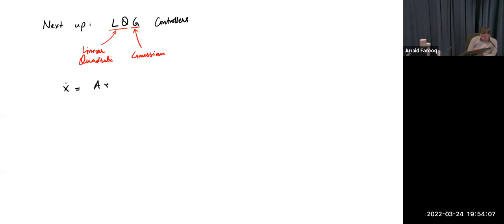So if x dot equals Ax plus Bu plus some v, and v is some Gaussian noise, then the optimal gain controller that minimizes a cost function and also takes care of the Gaussian noise is called an LQG controller.